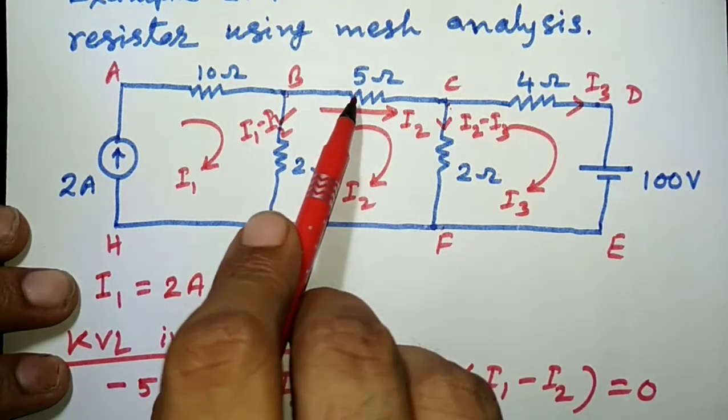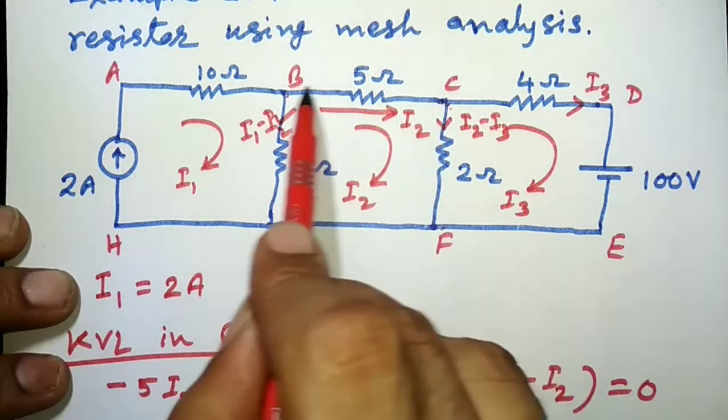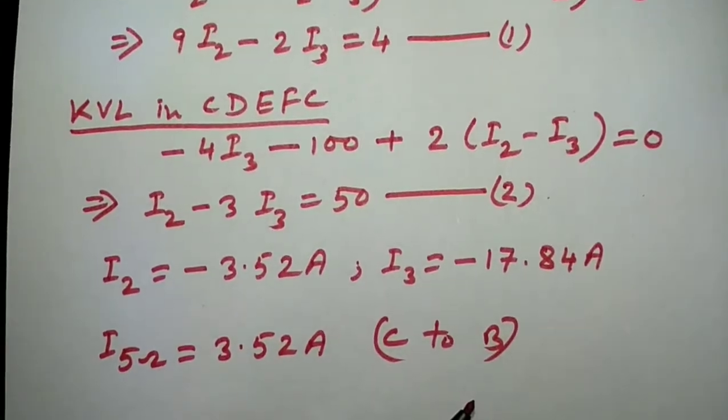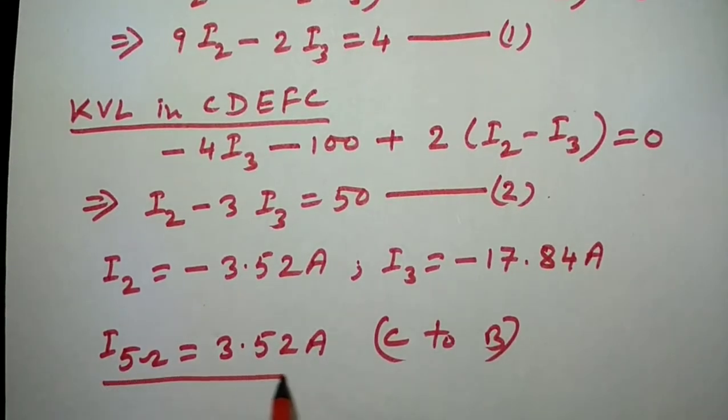So the current in 5 ohm resistance will be from C to B and the value will be equal to 3.52 ampere. So this is our final answer.